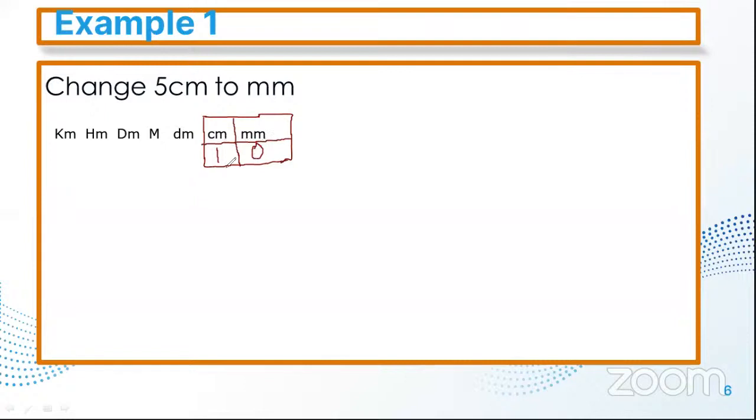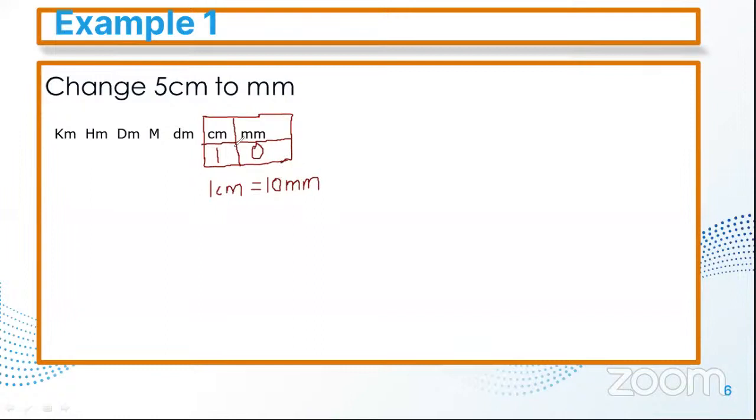So this gives us 1 centimeter. How many zeros are you seeing there? Only 1 zero. So that means it is 10. 1 centimeter equals 10 millimeters. This is how I have got my conversion rate.